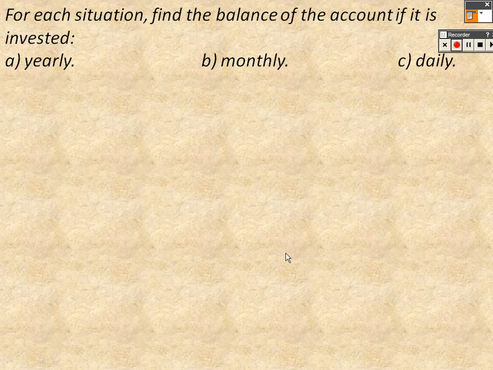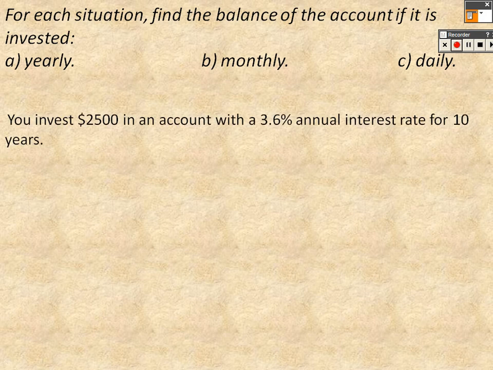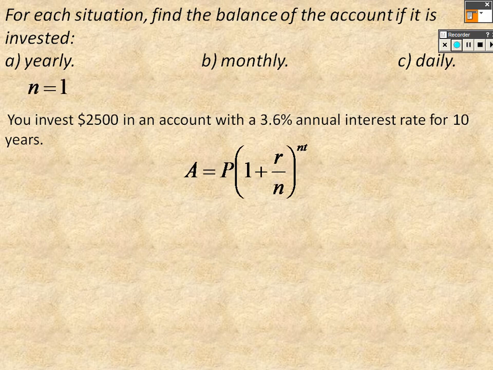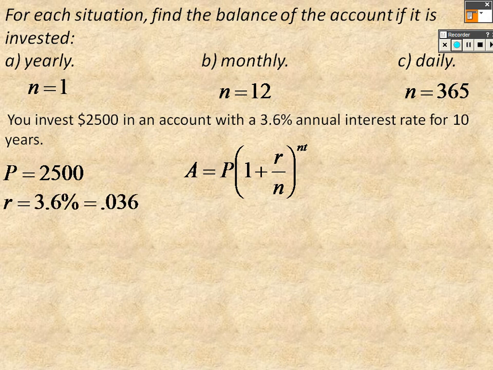So find the balance of the account if it is invested yearly, monthly, and daily. So if you invest $2,500 in an account with 3.6% annual interest rate for 10 years, then here's what you do. Yearly means 1, monthly means 12, daily means 365. So P is that, R is that, T is 10. So I know everything.